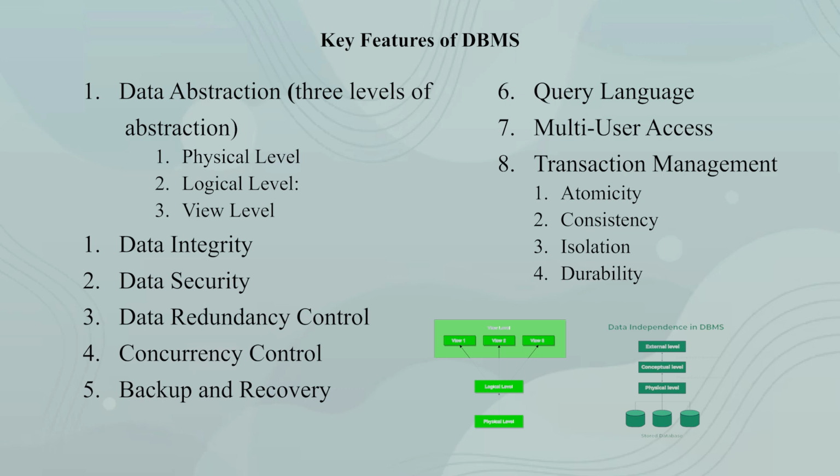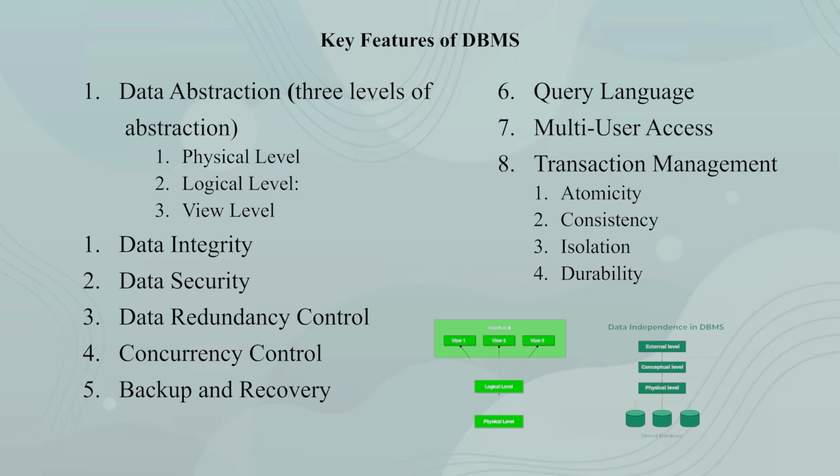Data redundancy control minimizes duplicate data storage by maintaining a single copy of data across applications. It reduces the storage cost and prevents inconsistencies. Concurrency control manages simultaneous access by multiple users or processes to avoid conflicts and ensures that transactions are executed reliably.